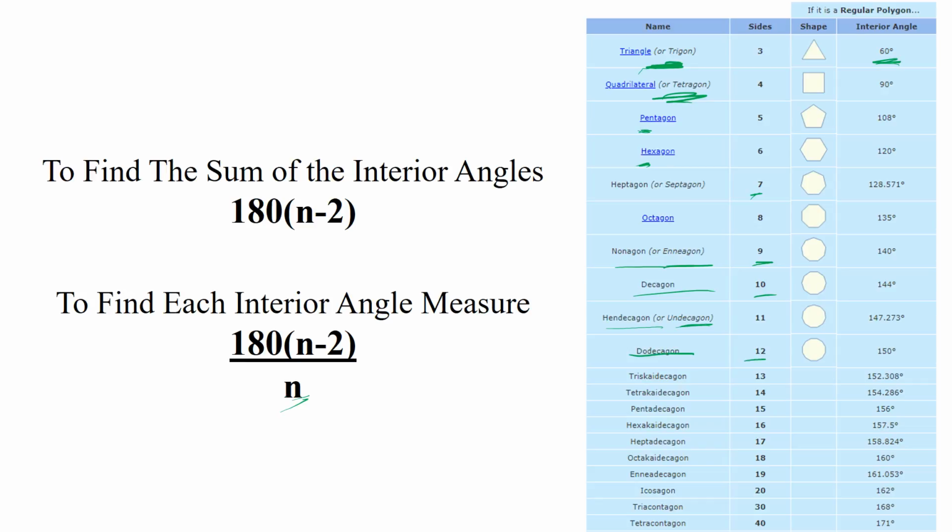And as you can see, it gets progressively worse in the naming scheme, which is why a lot of times you'll see n-gon. So you'll see a number with the dash gon, like a 14-gon or 40-gon. That way you don't have to memorize all of the names for all of the possible numbers.